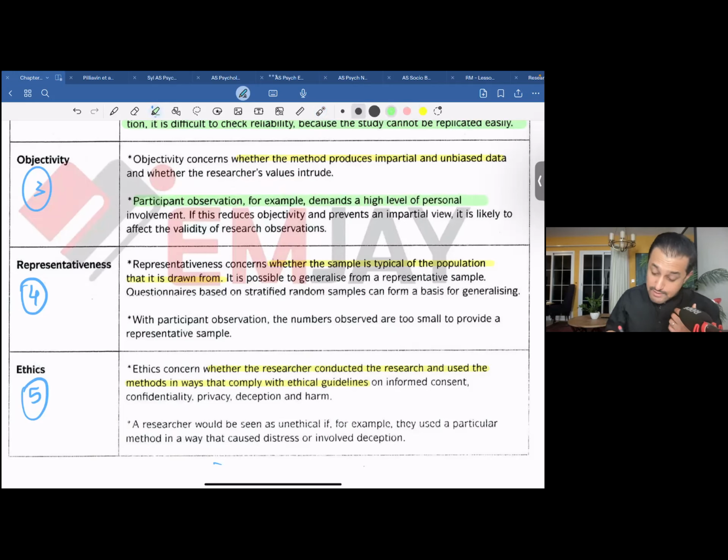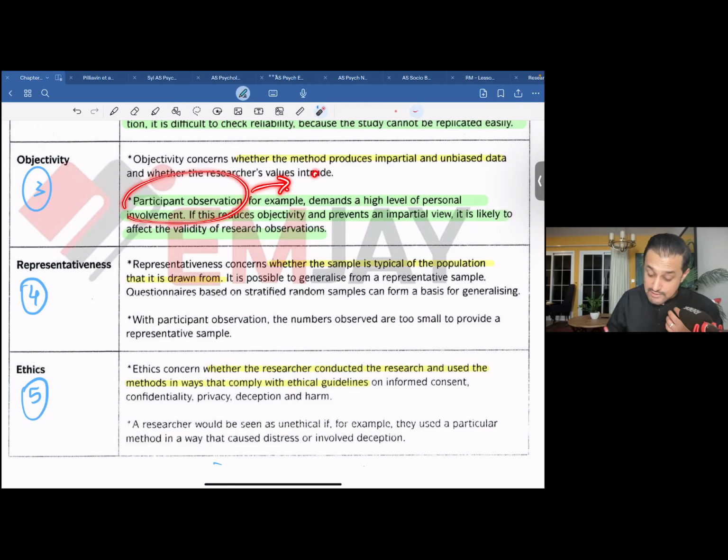Participant observation, for example, demands a high level of personal involvement. If this reduces objectivity and prevents an impartial view, it is likely to affect the validity of the research as well. So, if you're conducting a research through participant observation, you know for a fact that your personal involvement would be a lot, right? While you're collecting data, this might end up making you compromise the objectivity that you potentially want to hold, right?